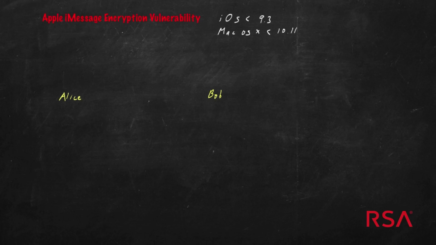Behind the scenes, Alice's iPhone first generates a special sequence of numbers called a key that we're going to denote by the letter K. And Alice's iPhone will use this key K to perform what's known as symmetric encryption of that picture.